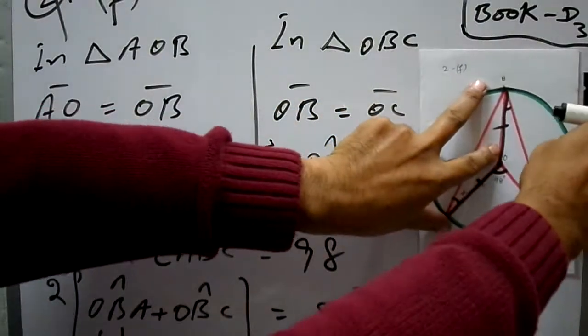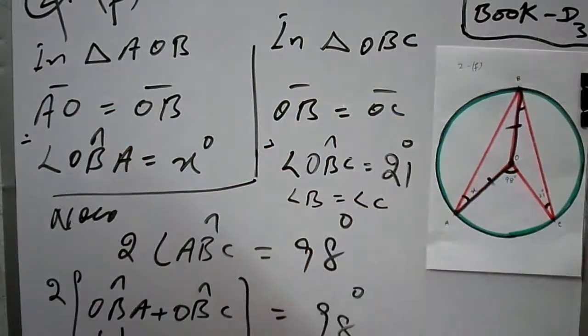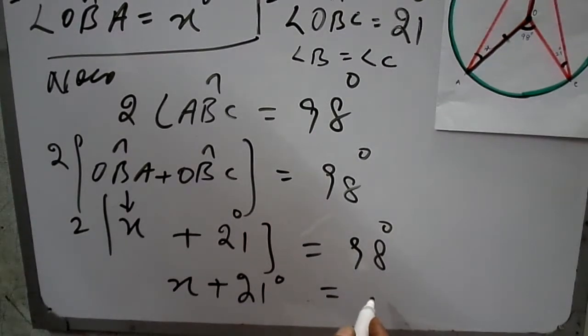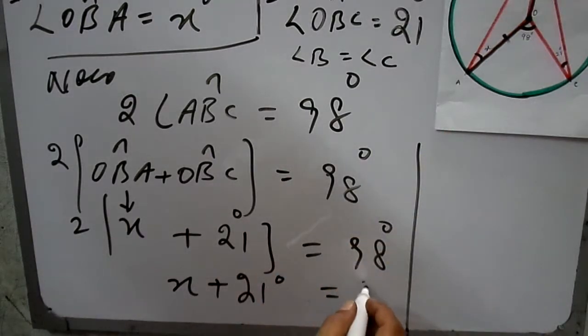So now coming to the point, you need the value of 98 divided by 2, you will get 49 degree. You should solve all these steps, because a few students get confused.